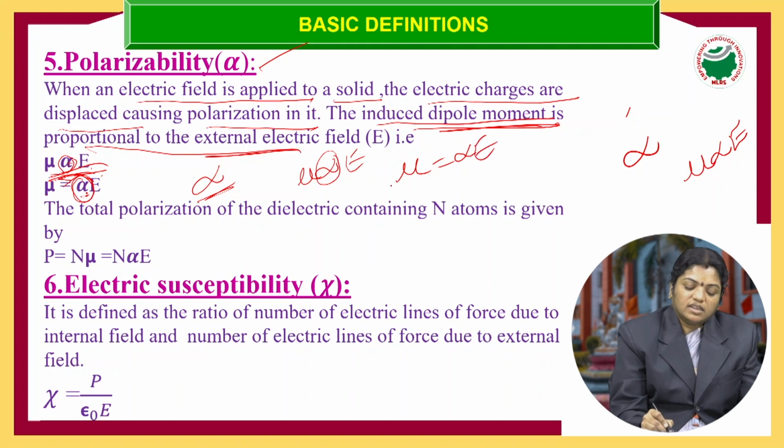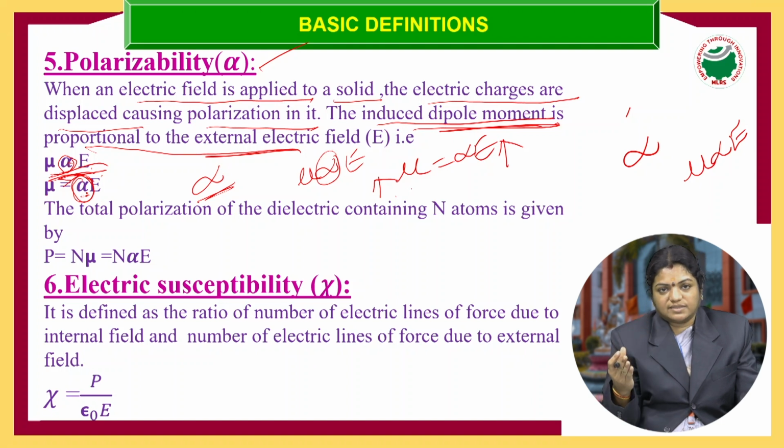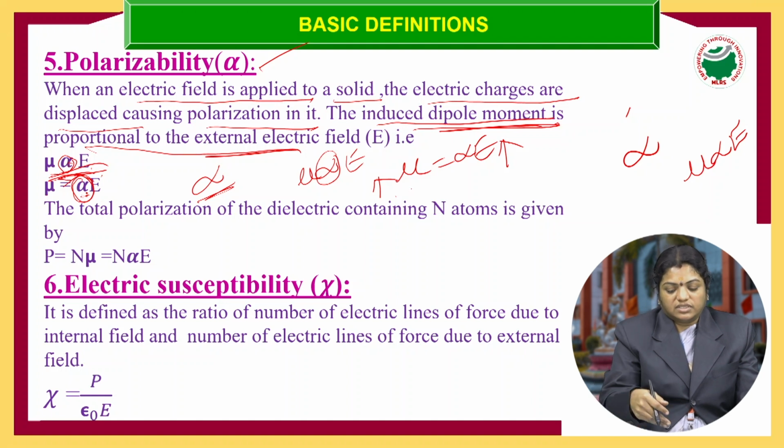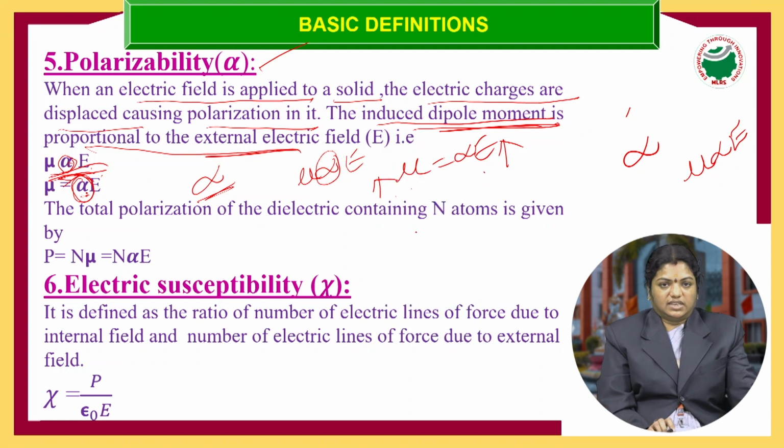That means if the induced dipole moment increases, we have to increase the electric field. If it decreases, it means we apply a low electric field, then automatically the induced dipole moment also decreases.